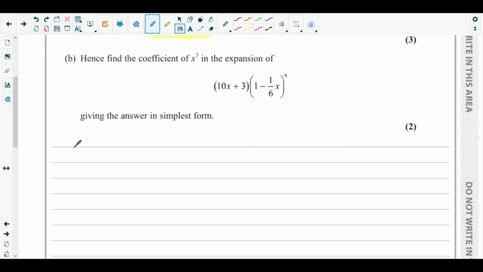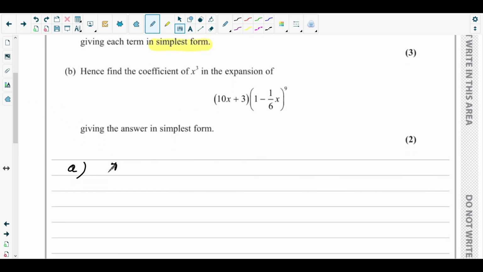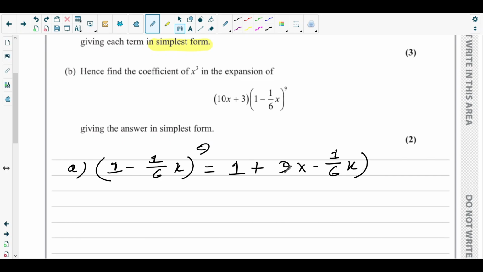Part A: the expression is (1 minus 1 over 6x) to the power 9. The first term is 1. The second term is nx, where n is 9. In the formula the second term was just x, but here it is negative 1 over 6x, so in place of x we write negative 1 over 6x.